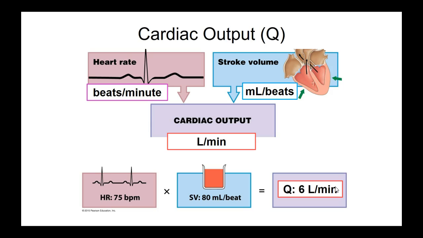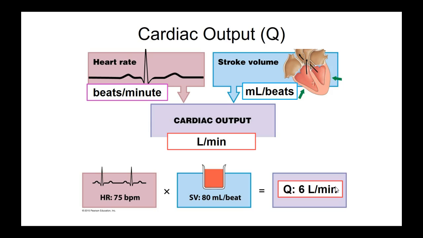And if you look back to stroke volume, how did we figure that out? Well, that was end diastolic volume minus end systolic volume. Remember, this was how much blood was in that ventricle before it was ejected, and this is how much blood was left in the ventricle after systole. That was our stroke volume.